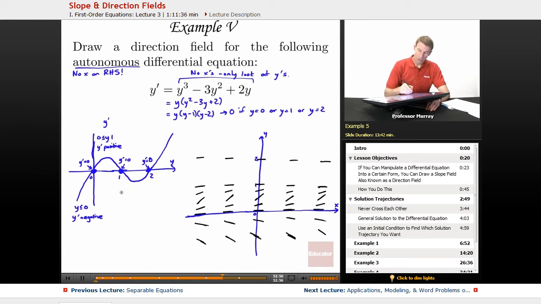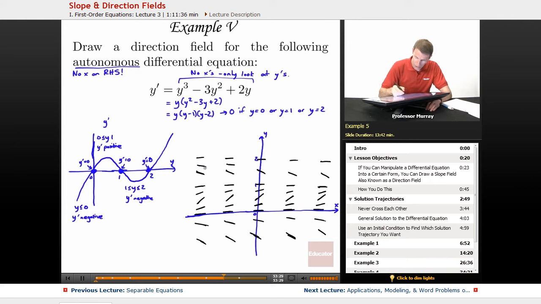And now when I look at y's between 1 and 2, remember y is on the horizontal axis over here, I see that y prime, the y cubed function, is negative again. And so I'm going to draw some negative slopes here in between 1 and 2 on the y-axis. Some negative slopes.